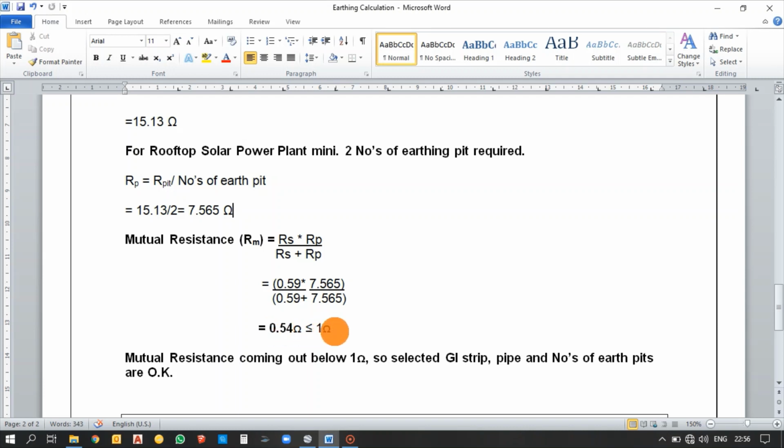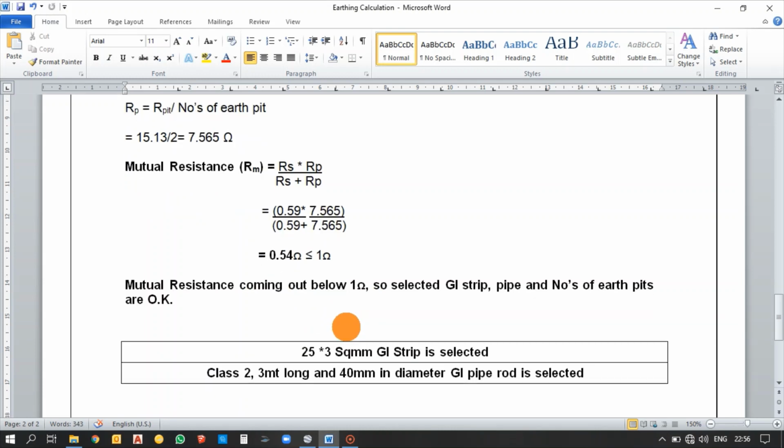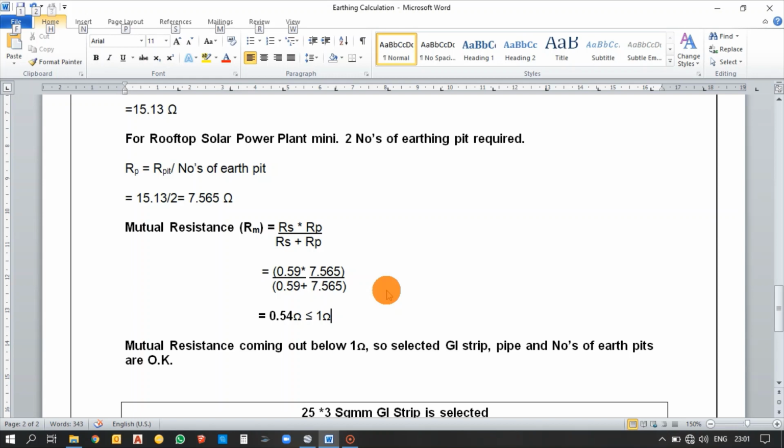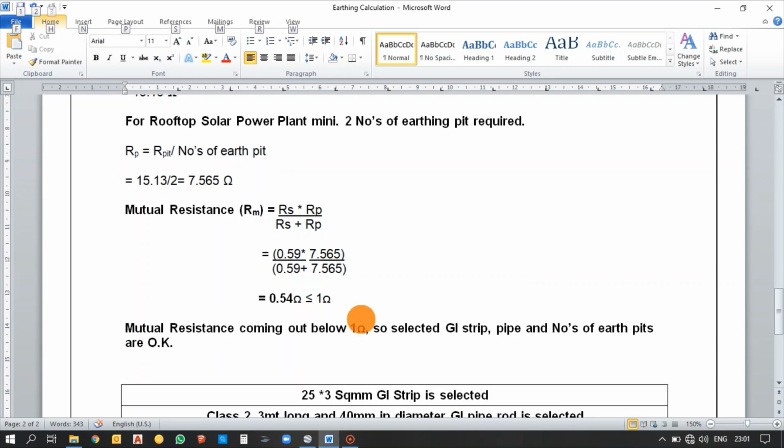So we have achieved the condition that the overall resistance of the plant should be less than 1 ohm. If the mutual resistance is not below 1 ohm, we have to increase the number of earth pits. Increasing the number of earth pits gradually decreases the mutual resistance. In this way we can achieve a mutual resistance of less than 1 ohm.